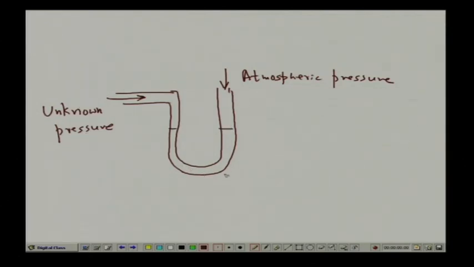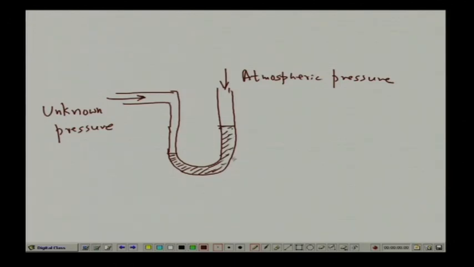Once the pressure increases, the liquid column will come down here and the liquid column on the other side will go up, like this.